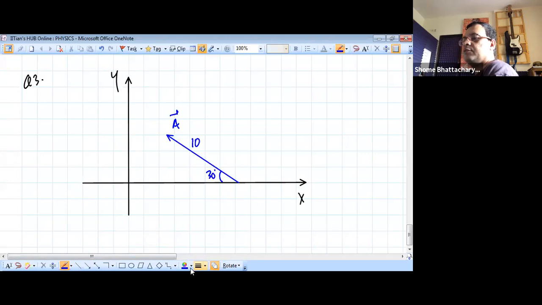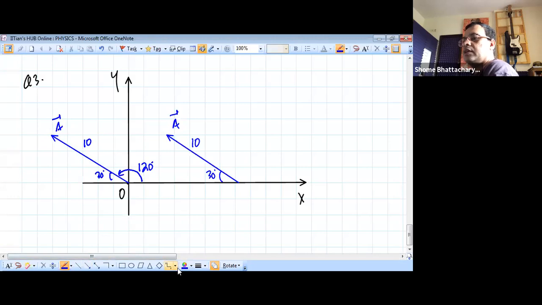Now to find the components, we'll have to redraw the vector from the origin. So you take this vector, but you shift it to the origin. It's the same vector. This angle is 30. So the angle it is making with the positive x-axis is 120 degrees.